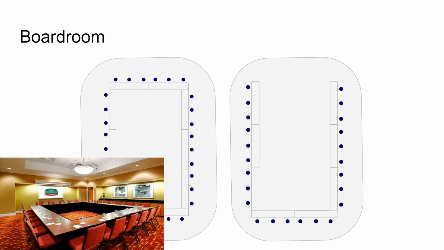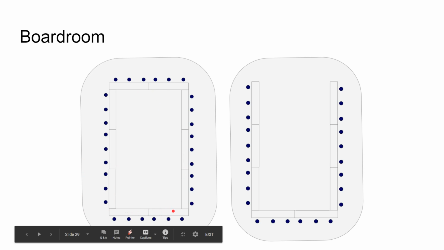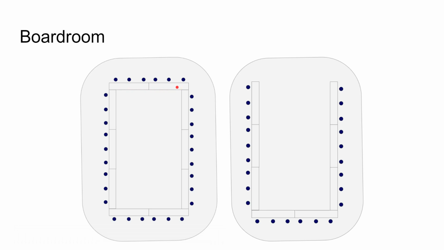The specialty of boardroom arrangement is that it will always contain a head table. So it may be a box-shaped arrangement where the tables are arranged. This can be the head table or this can be the head table. The head table is a place where the main people or VIPs shall be seated.